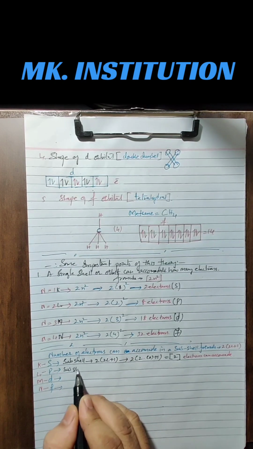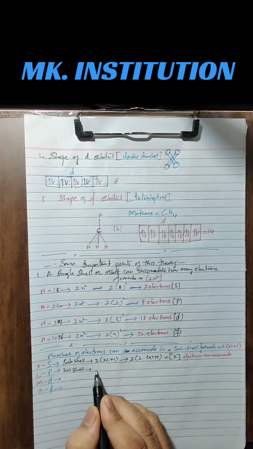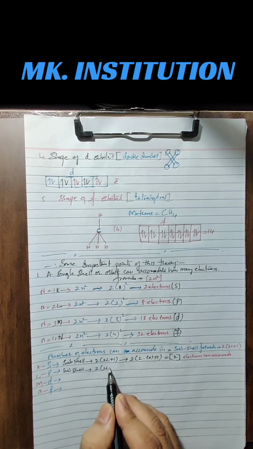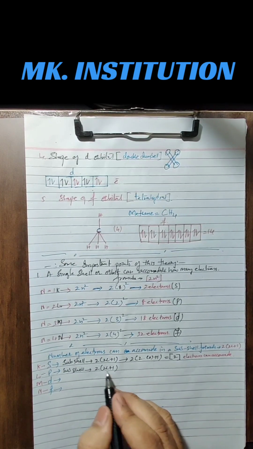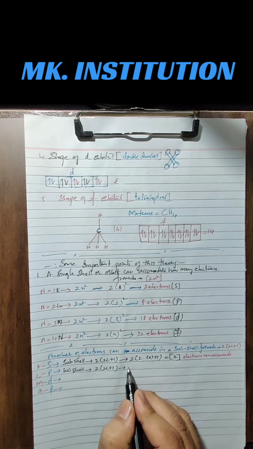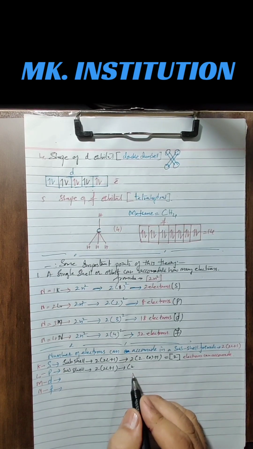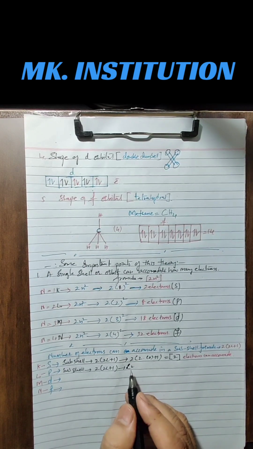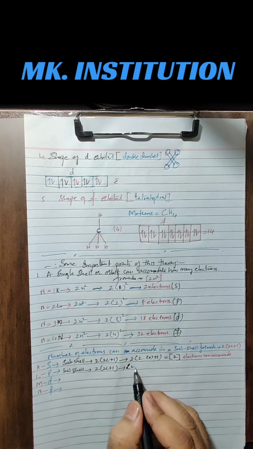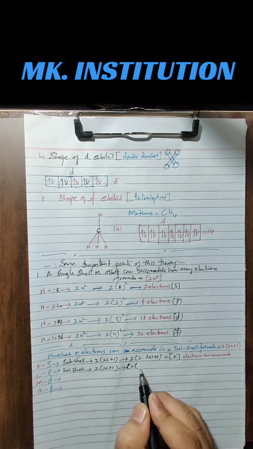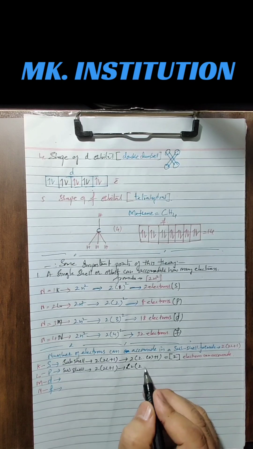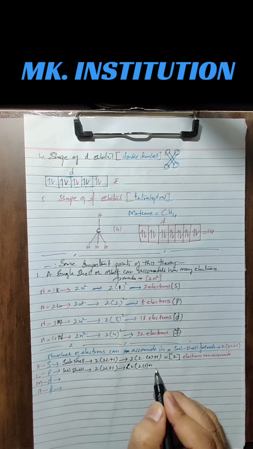P subshell. Same formula, you write 2 into 2L plus 1. The L value for S is 0, and here 2 into L, which is 1 for P, isn't it? 1 plus 1.